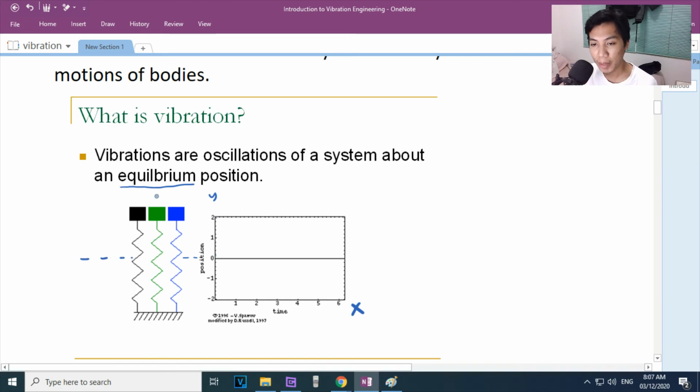When an impact is created, your spring will tend to move x distance for its distortion, or what do we call that? Deflection. That deflection can go downward, but in a certain way, your body will tend to go back to its original position. And that is vibration. That is the definition of vibration.